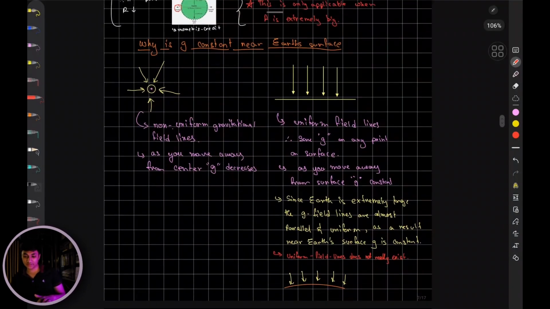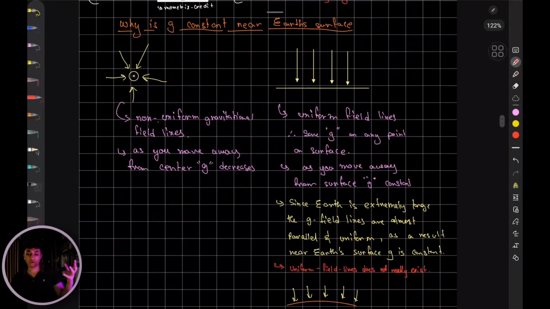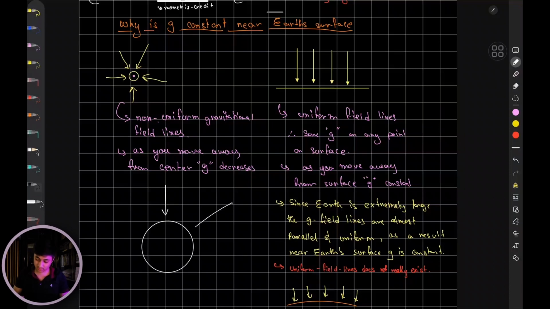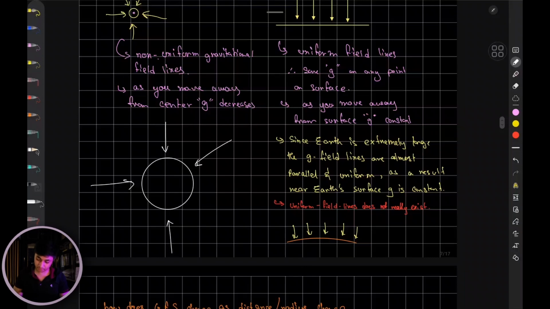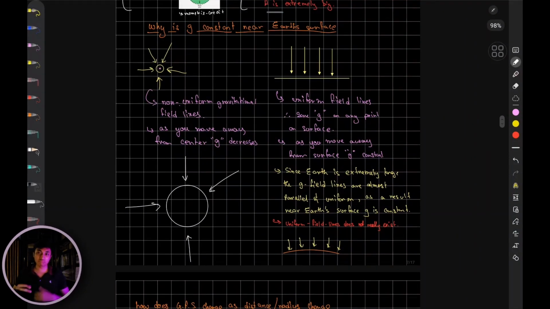Great. Now the other thing, I've partly already explained this, but the question is, why is g, gravity, constant near the surface of Earth? Now if you look at this diagram, consider this to be Earth. If you're really far away from Earth, the Earth would look like a normal round sphere, right?